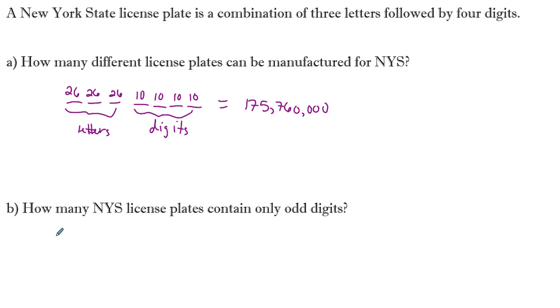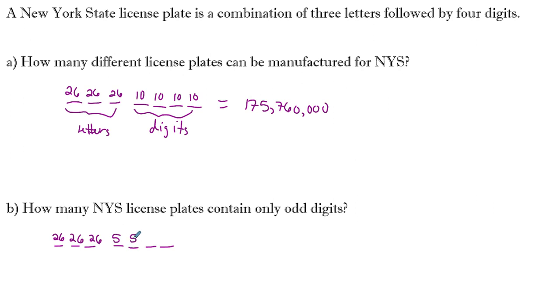Now, what if instead we go from having no restrictions to restricting that we can only use odd digits on the license plate? Just like we did before, we can still have our 3 letters, but the number of digits will be different. So no restrictions on letters, so it's still 26 times 26 times 26. But what are our odd digits? We have 1, 3, 5, 7, and 9. That means we have 5.